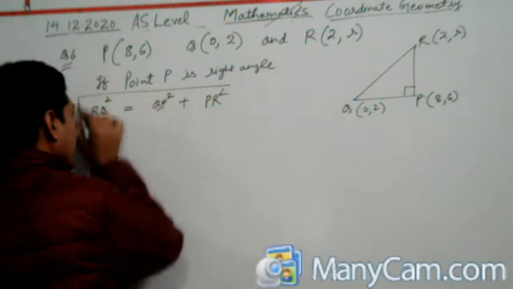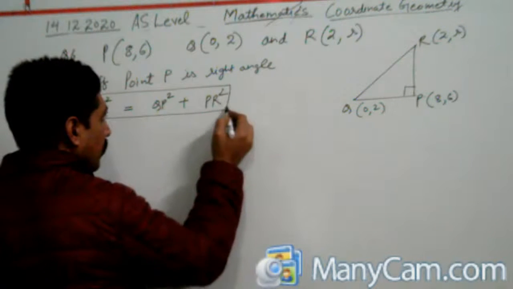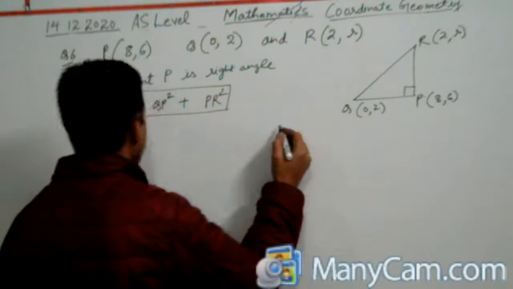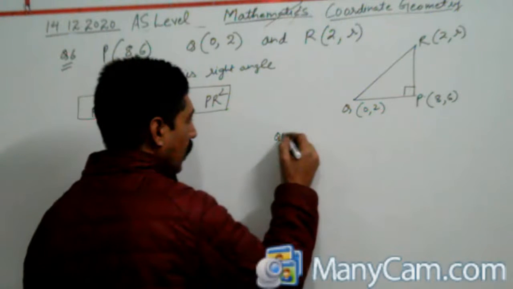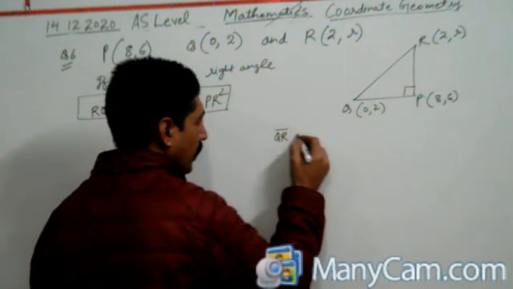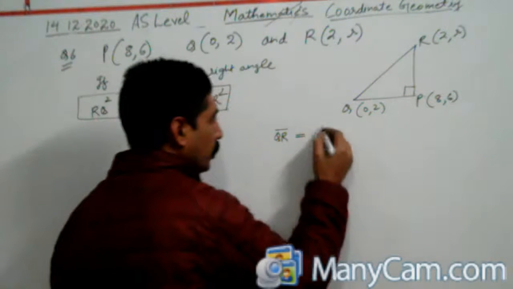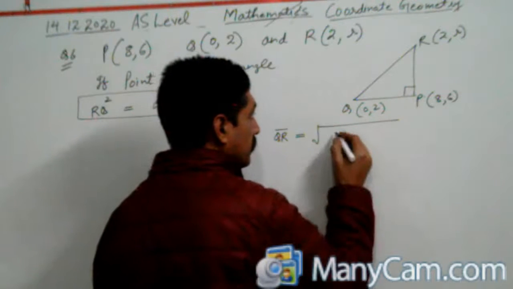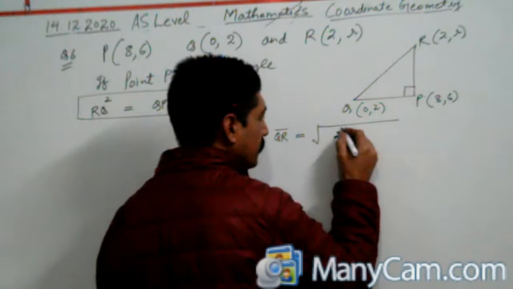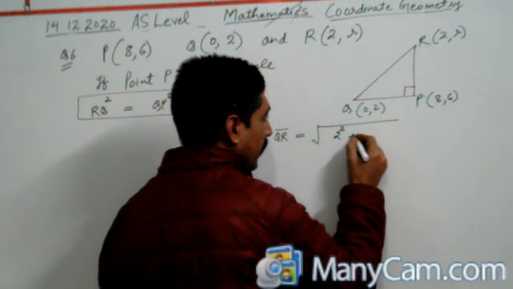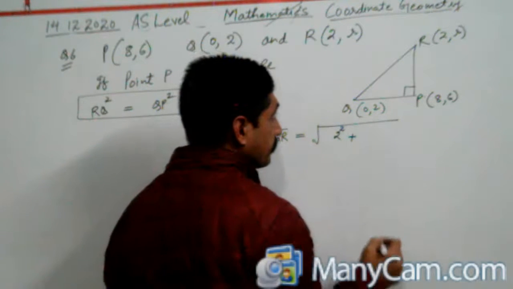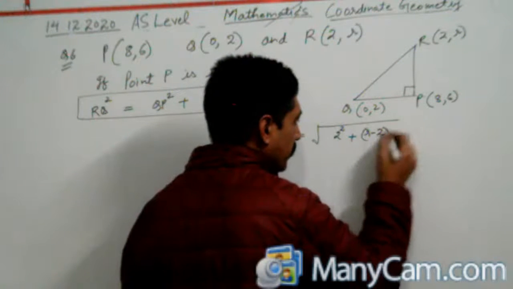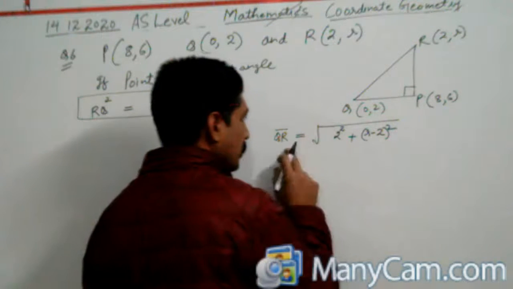We will substitute the values in these. For that we have to first find the QR distance. So QR distance is under root, that is 2 minus 0 whole square, that is 2 square, and next plus r minus 2 whole square, right? This is QR.